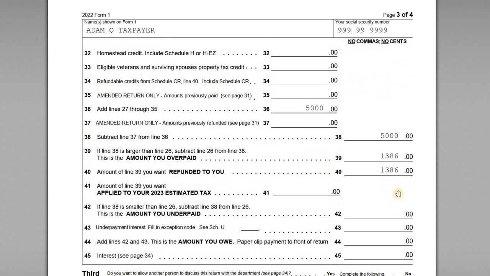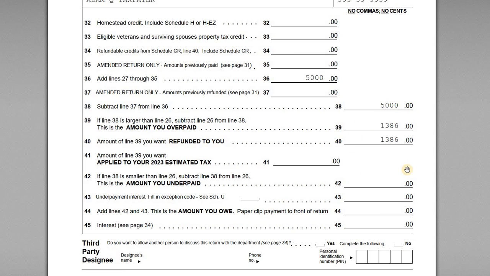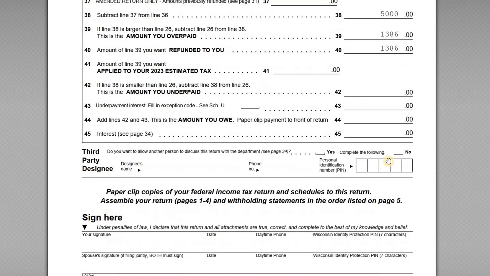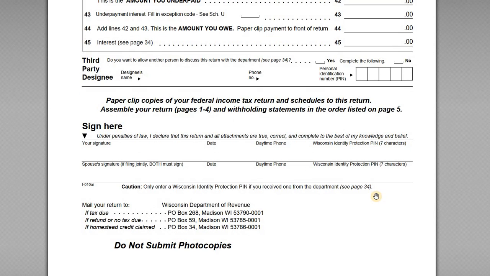So he gets a Wisconsin state tax refund of $1,386. And so Adam has elected to simply have this refunded to him via paper check. And so he'll get that $1,386 as a check in the mail, and he can sign and date and send this into the Wisconsin tax authorities.